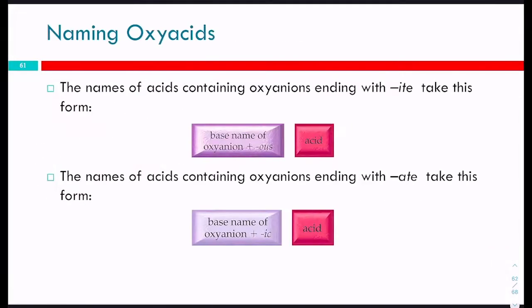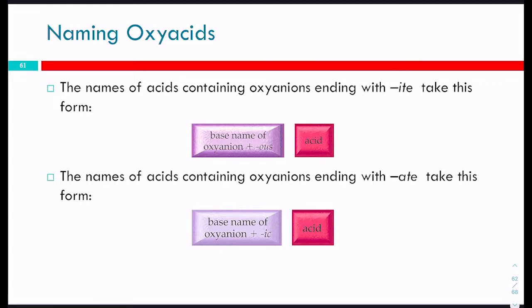When it comes to naming these, you have to be aware that we have 2 different endings. We have ATE endings for the base form, and then if you remove 1 oxygen, there's the ITE form, and those get named differently. They have to be, because you have to indicate which form the acid came from.